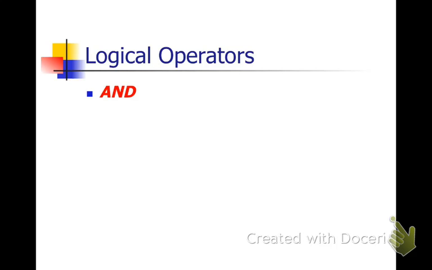So, and, what does and do? The thing you need to remember is and clears bits. Anytime you need to clear a bit or one or more bits, use an and to do it. So here's the rule. For every 0 in the mask, clear the corresponding bits in the destination, leave everything else unchanged. So, mask. What is a mask?